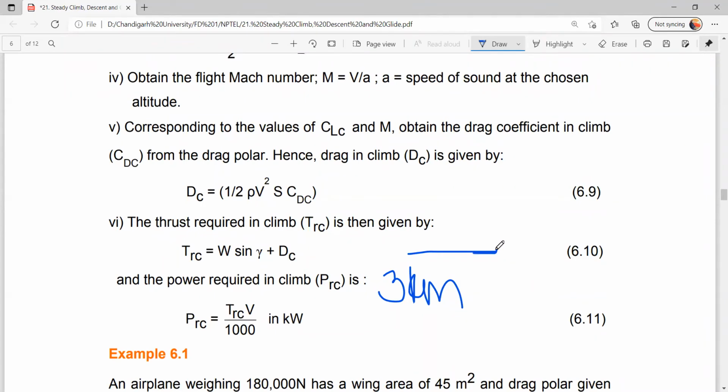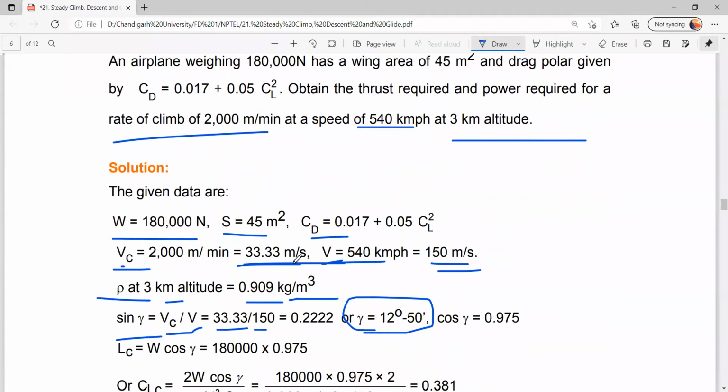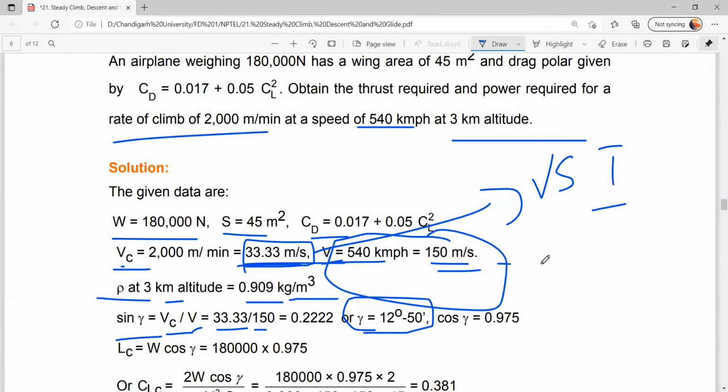The pilot will be instructed that if you maintain a 12 degree angle of climb, that will be sufficient. You can follow 33 meters per second, which will be recorded with the VSI, the vertical speed indicator. And we already have the airspeed indicator, which will give you the data of V.